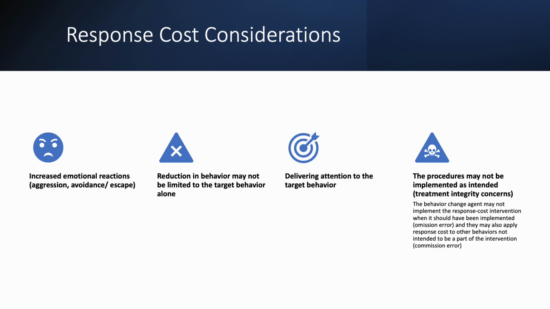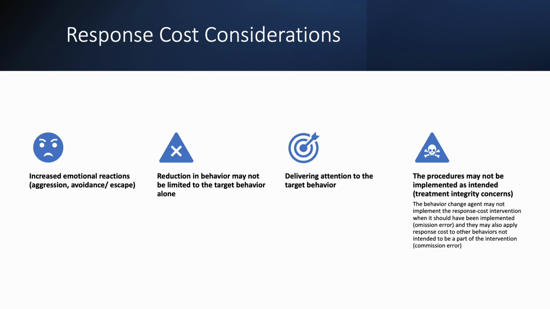And so it's important that we as BCABAs, as BCBAs, are consistently providing supervision, that we're consistently providing feedback, that we are conducting treatment integrity checklists, to make sure that the intervention is being implemented in the way that it was intended to be implemented, and that there's really no drift away from that.